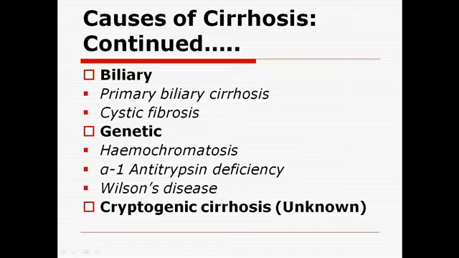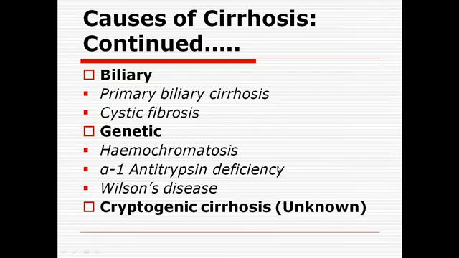Biliary causes are primary biliary cholangitis or cirrhosis, cystic fibrosis, hemochromatosis, alpha-1 antitrypsin deficiency, Wilson disease. All three are important genetic causes. Wilson disease: if a patient comes to you with cirrhosis at a younger age, this is a case of Wilson disease.